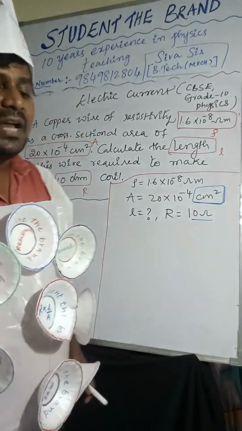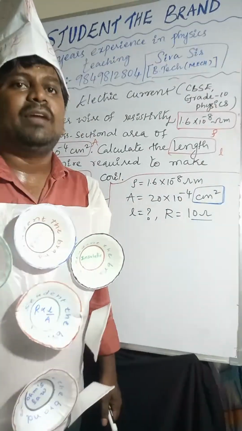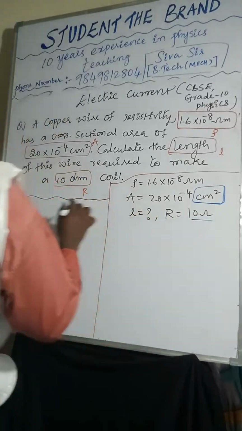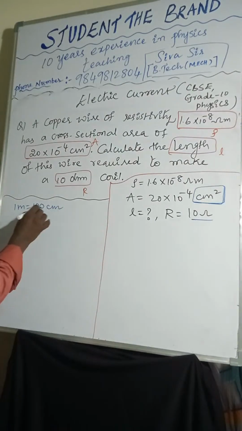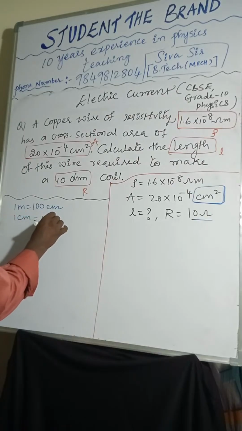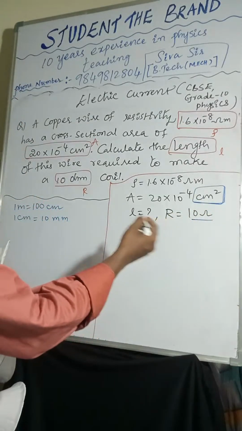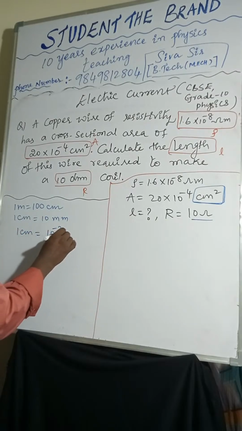So we need to convert. If they give centimeter square, we have to convert. 1 meter equals 100 centimeter, and 1 centimeter equals 10 mm. But we need only centimeter. 1 centimeter equals 10 power minus 2 meter.